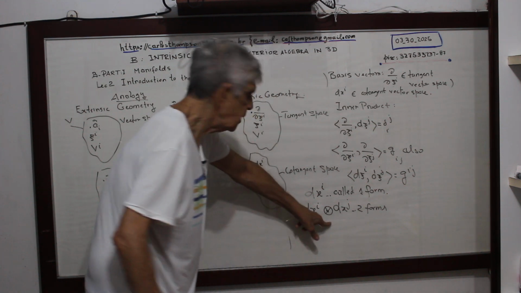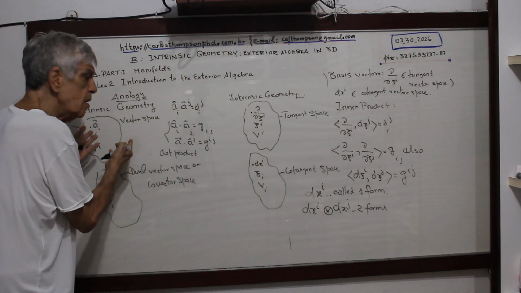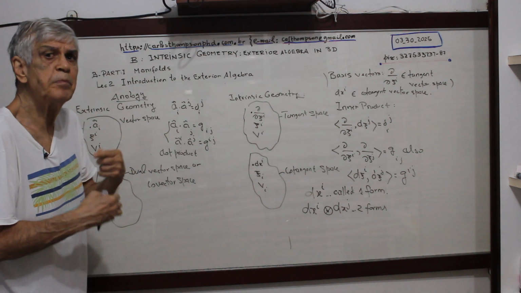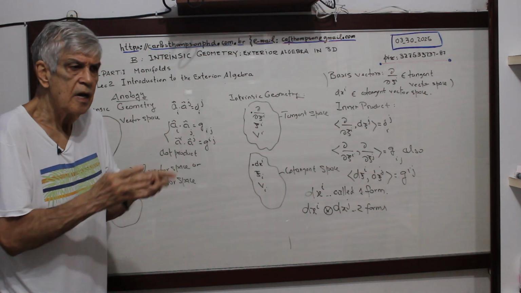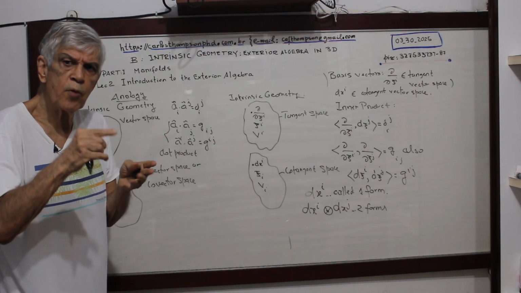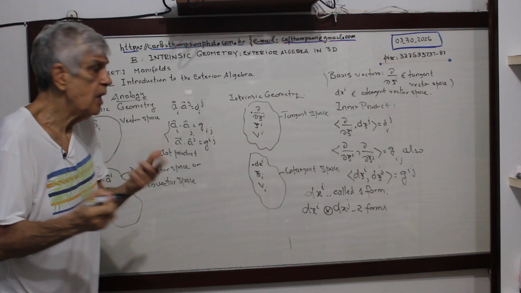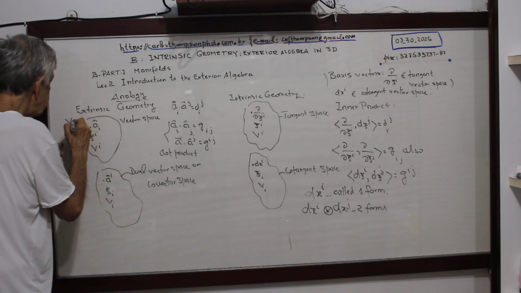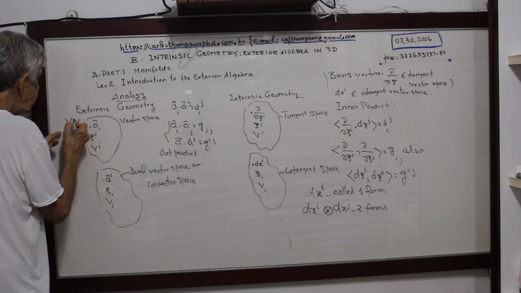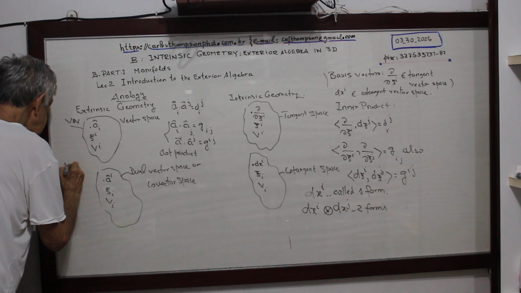See? Exactly as we did here. So do you remember the space Ai tensor product Aj, okay?